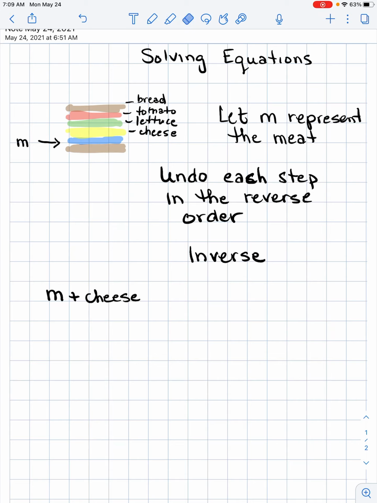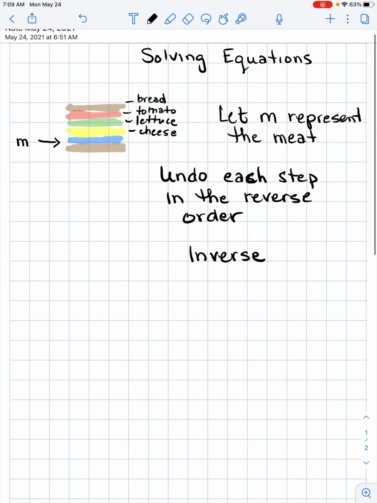You know, let's even make a nice little picture, okay? So let's do the meat, okay? And what are we doing? We're adding cheese. And then we're going to get this meat plus cheese if I wanted to.